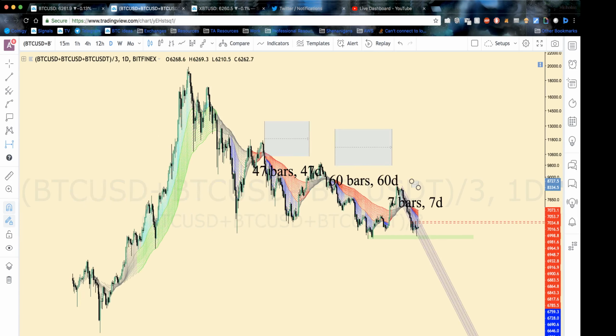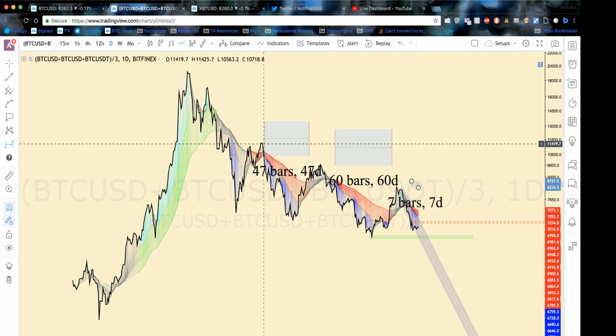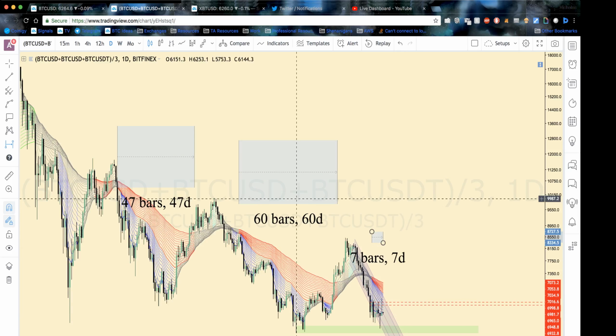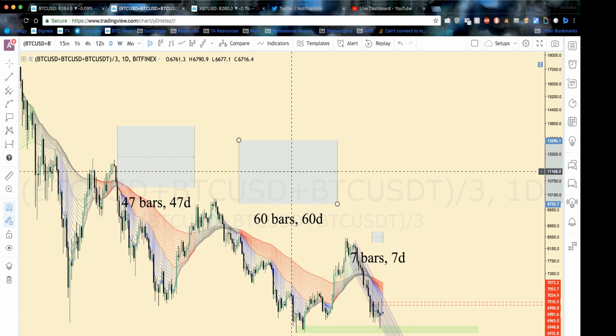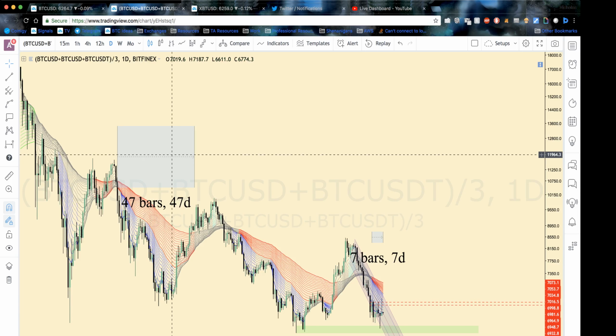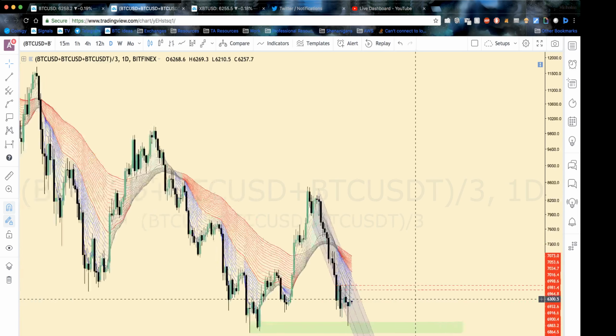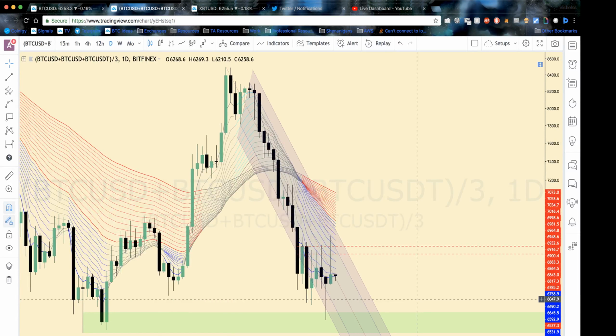Yet we're making lower lows, closing on lower lows and lower highs too. So this is also interesting, trying to figure out how long we're going to stay bearish and when we might violate the guppy. That'll be interesting if it happens. And that's pretty much all there is to it. All I want to show.